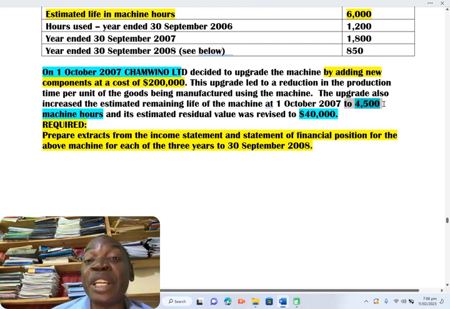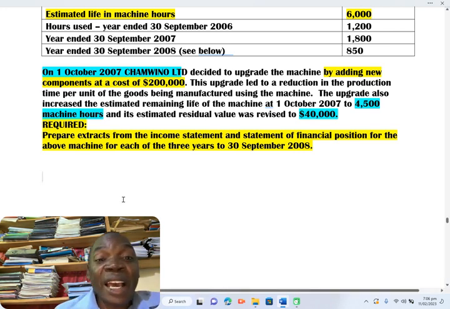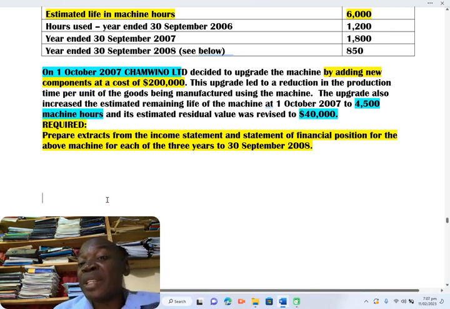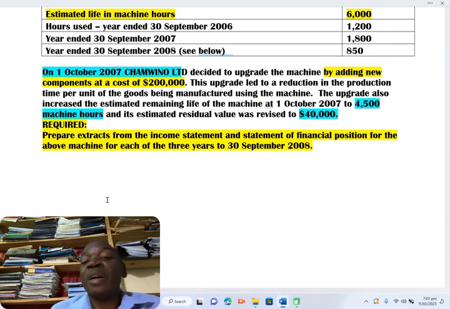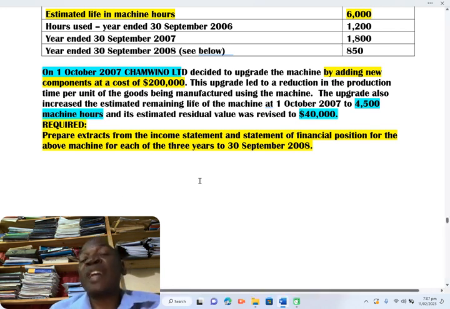And its estimated residual value is revised to $40,000. Now this was a 20-mark question. Prepare an extract from the income statement and the balance sheet as at September 30th, 2008.